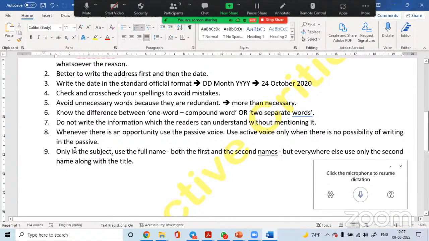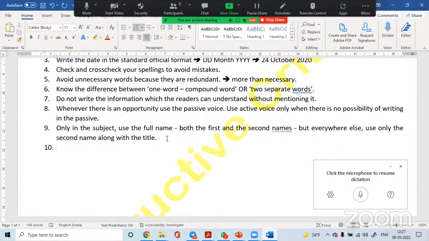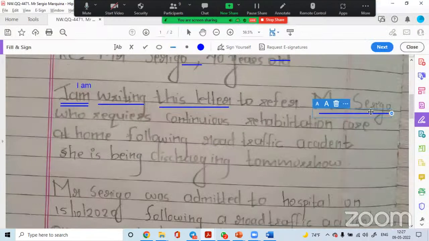Only in the subject, use the full name, both the first and the second names. But everywhere else, use only the second name along with the title. So what you have written, you have used the first name. So it should be Marquina.